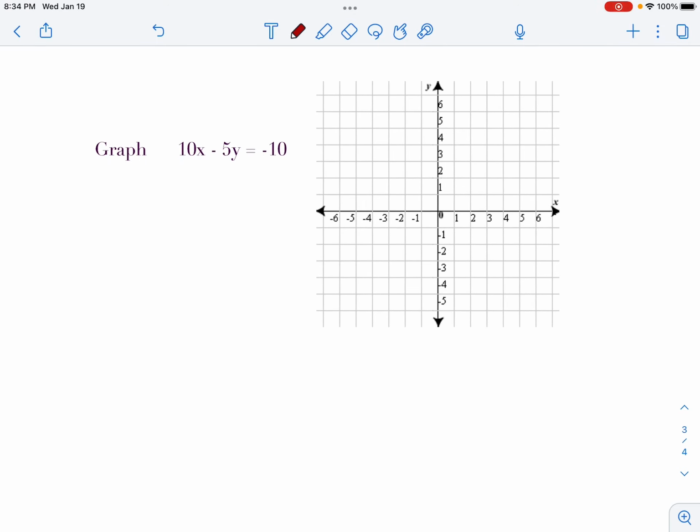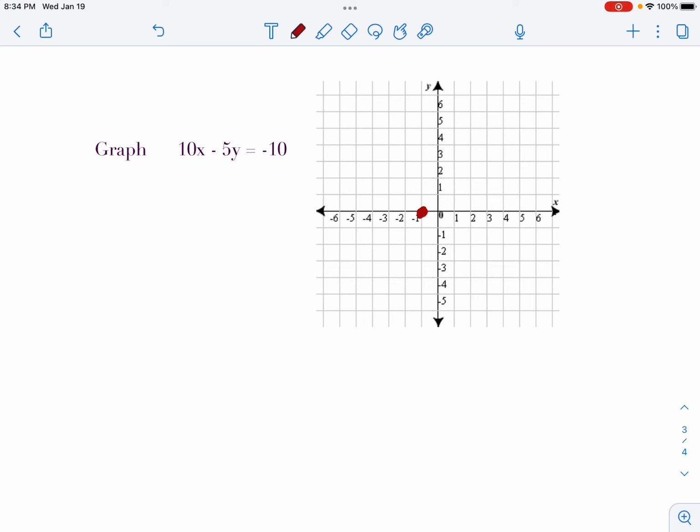Following those same definitions of the x and the y-intercept, to discover the x-intercept, I'm going to substitute in a 0 for y, which cancels out this term, and my x-intercept then would be a value of -1 because 10 times -1 equals -10. So I'm going to intersect my x-axis at a value of -1.